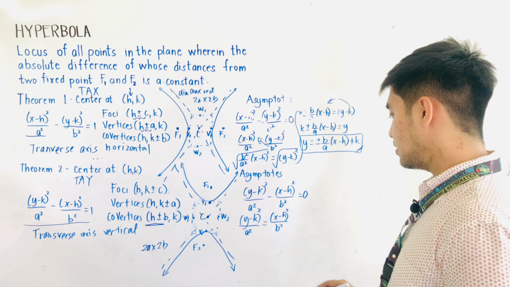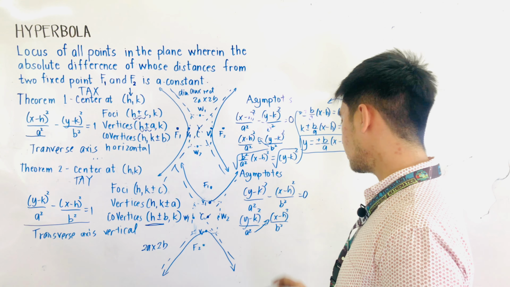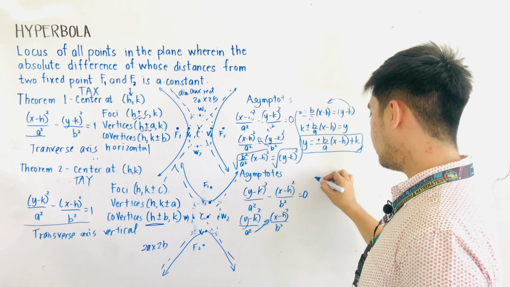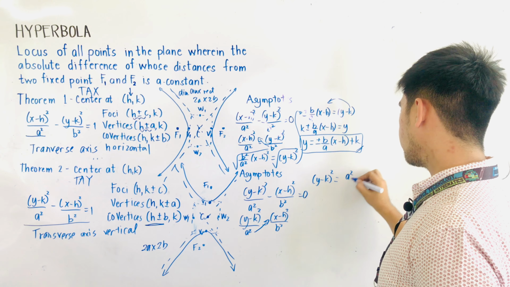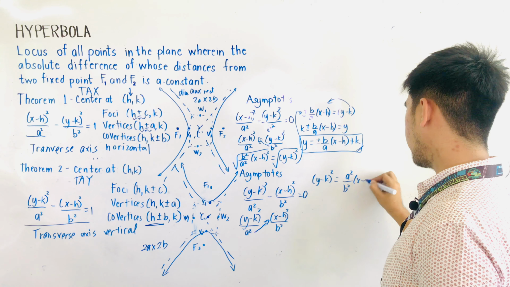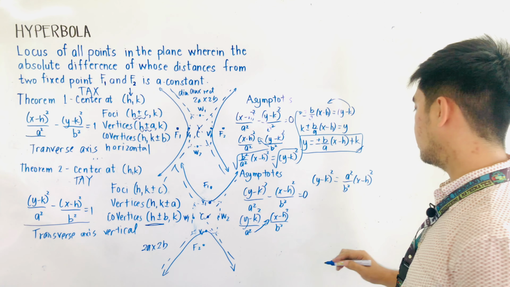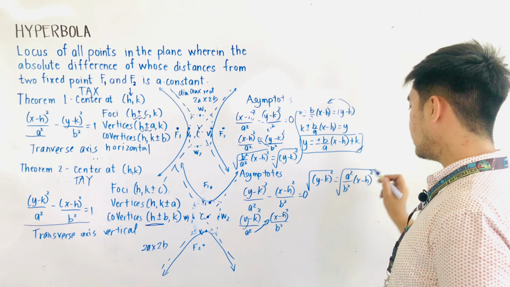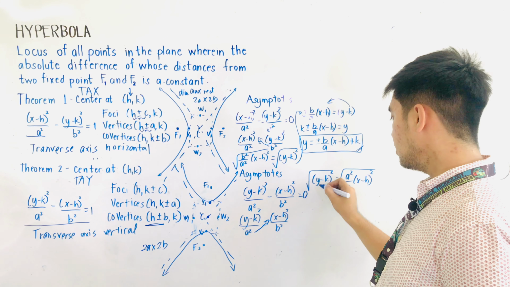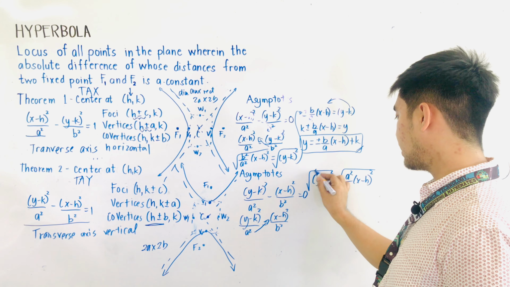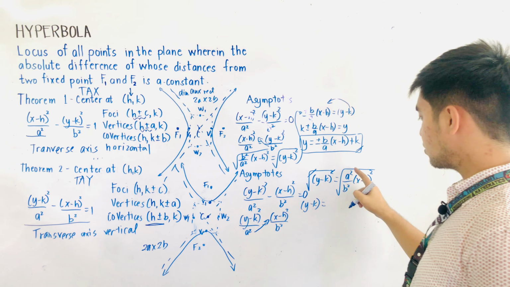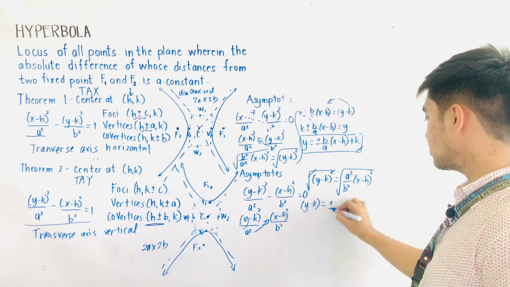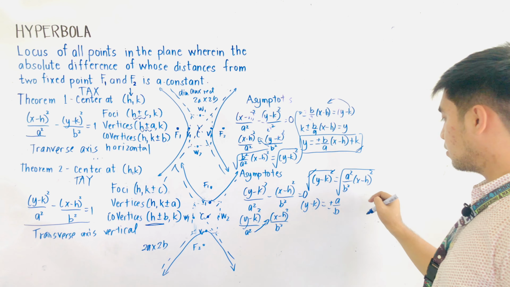Okay, since this is the case, all I have to do is to cross multiply, and I'll be having (y minus k) squared is equal to a squared over b squared times (x minus h) squared. Get the square root of both sides. Therefore, the square root of (y minus k) squared cancels out, and this becomes y minus k is equal to the square root of a squared over b squared, that is plus minus a over b, times x minus h.